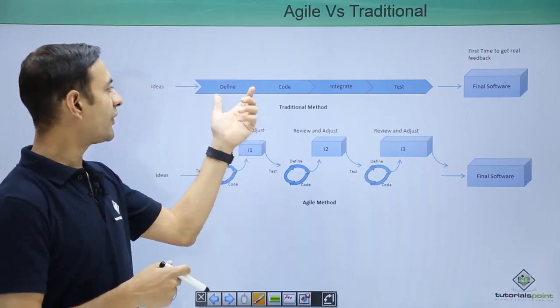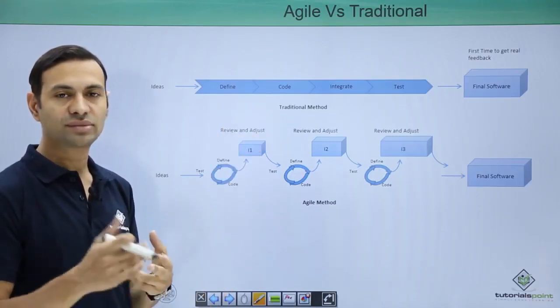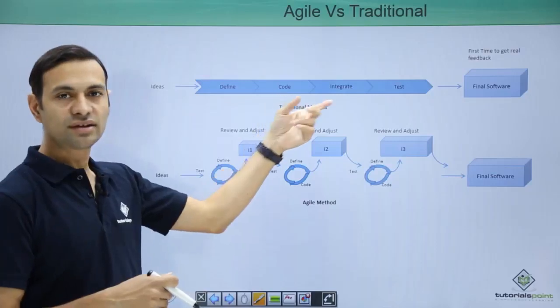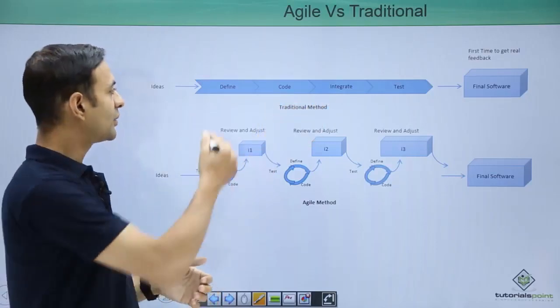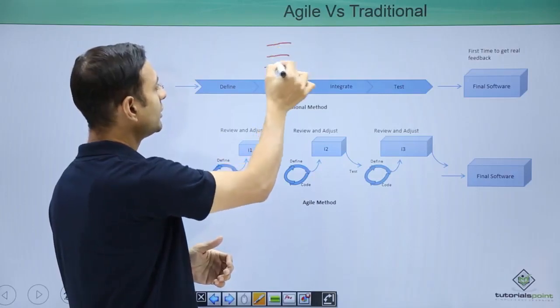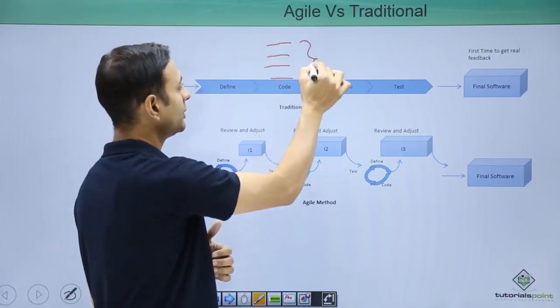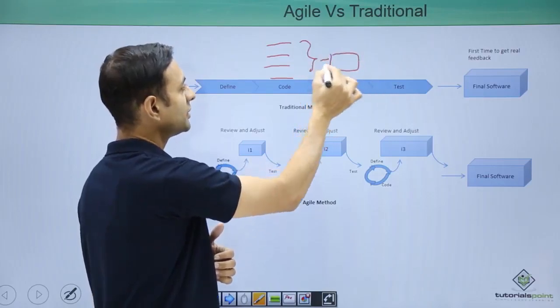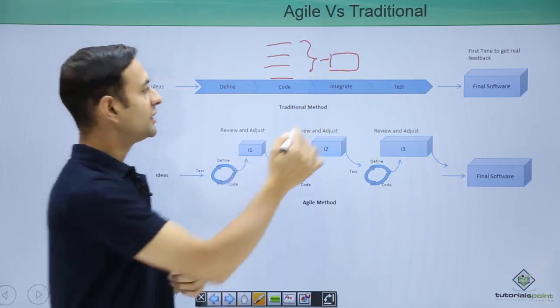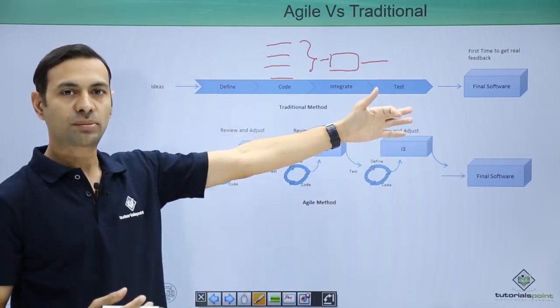Then we plan what to do and how to do it, we make class diagrams, and then we code it. Coding is done by multiple teams, say there are 5 teams, and then we integrate their code, then our product gets ready, then the testing team tests it and the final software gets prepared.